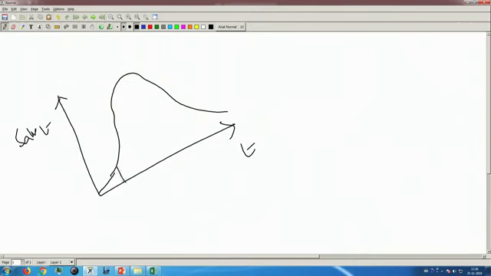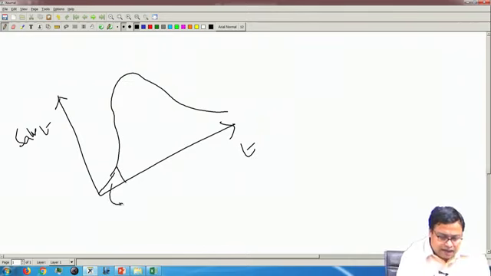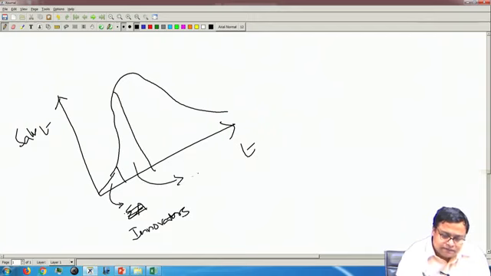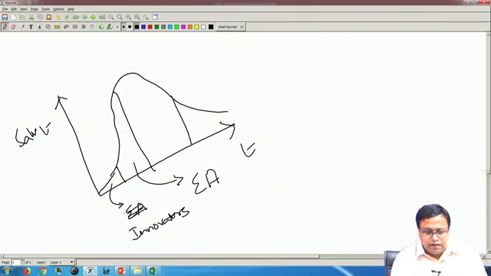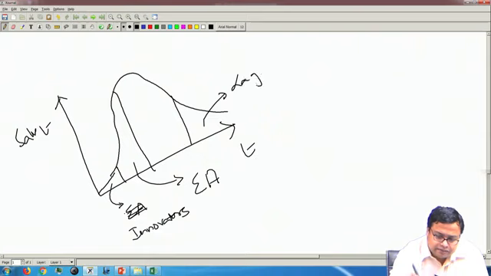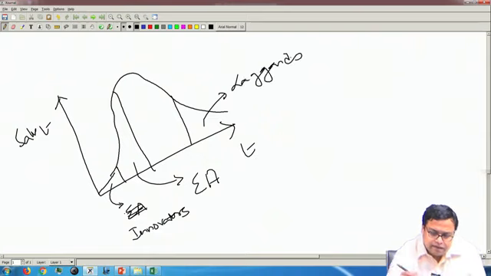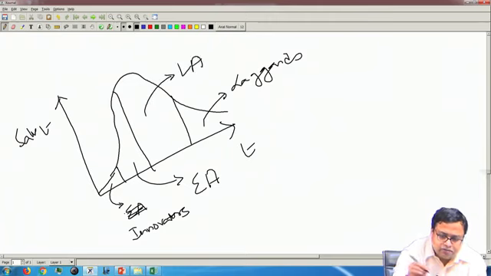This part is basically the innovators, then there will be early adopters, then late adopters and laggards, probably something like that.